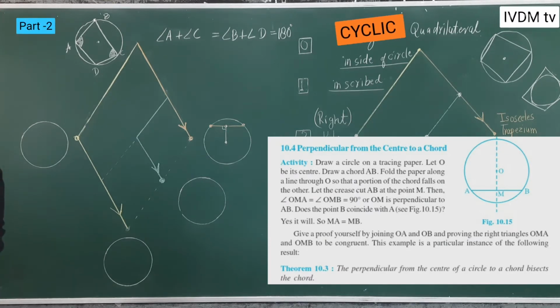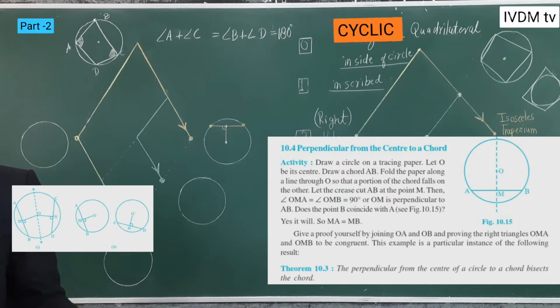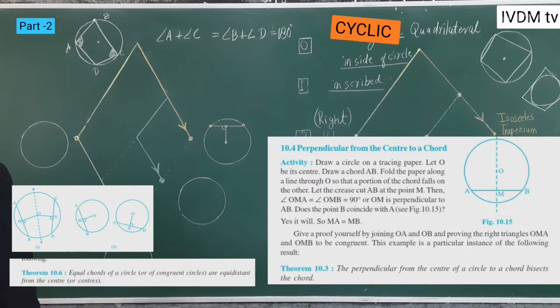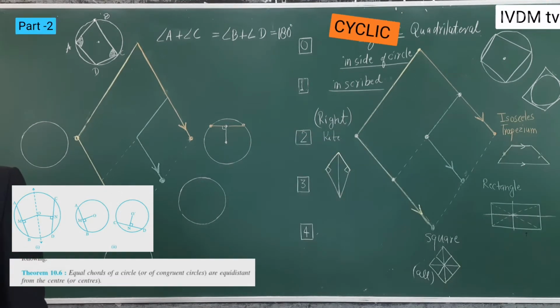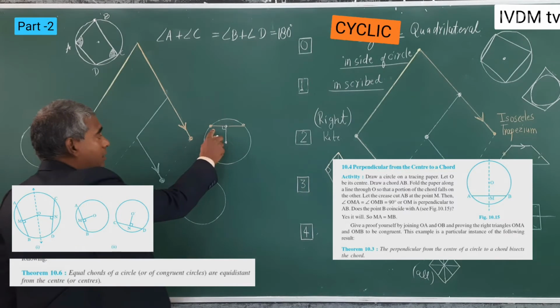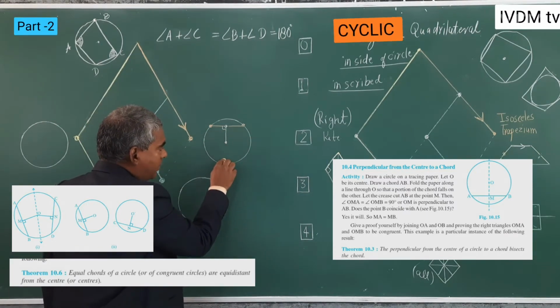Theorem 10.3: the perpendicular from the center of a circle to a chord bisects the chord. Then theorem 10.6: equal chords of a circle are equidistant from the center. So if you make equal chords, they will be opposite but parallel.